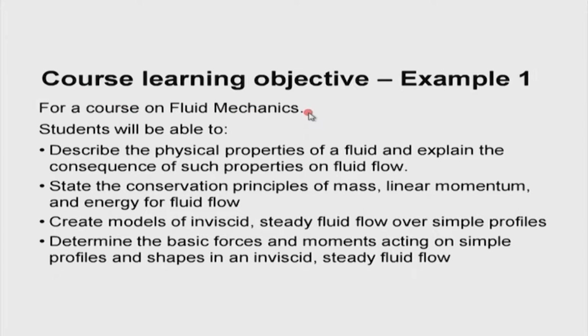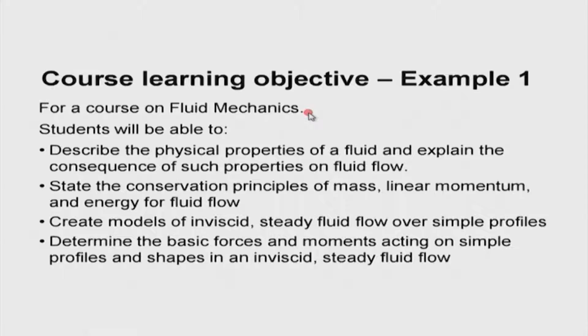I have just chosen 3 diverse topics, so perhaps you will be able to connect to one or more of them. One is on fluid mechanics, one is on basic electromagnetic theory, maybe a first or second year course, and the third one is a first year course on computer programming. So hopefully a large number of you will be able to follow at least one example.